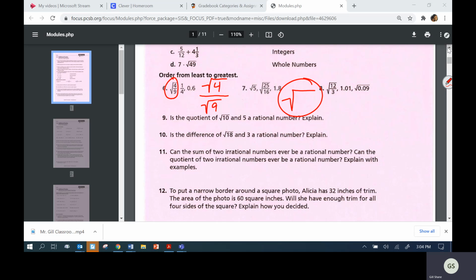Well, I know the square root of 4 is 2, and I know the square root of 9 is 3, so that's actually the same thing as saying 2/3. And if you'll notice in 2/3, I don't have this square root symbol, this radical symbol. So therefore, this is a rational number because I can get rid of that radical symbol by simplifying that down to 2/3.